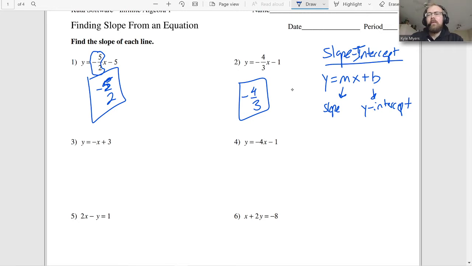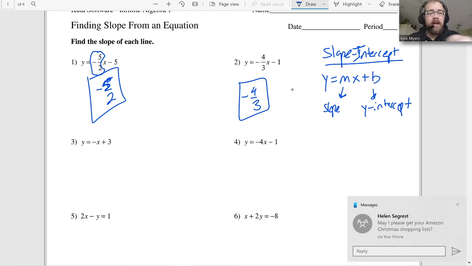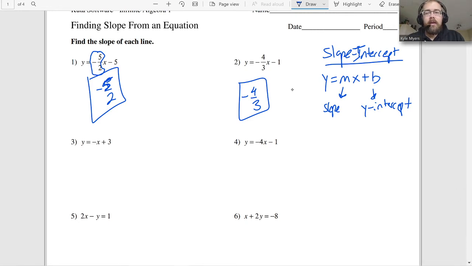And then we get to number 3. What number is there? Well, if you don't see a number, then it's either a 1 or a 0. So we have what in front of x here?